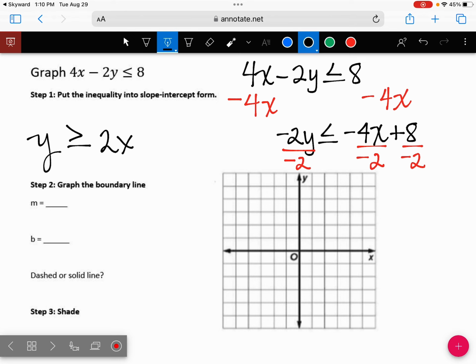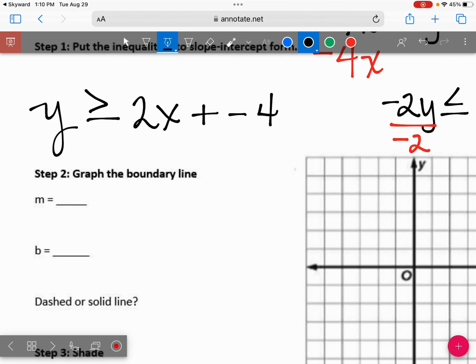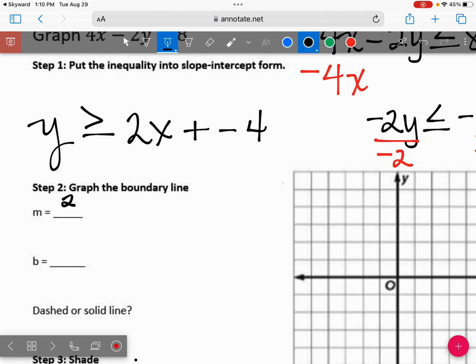And then when you take +8 divided by -2, you get a -4. So your slope is 2 over 1. So I'm going to go up 2, right 1, and my y-intercept is -4.